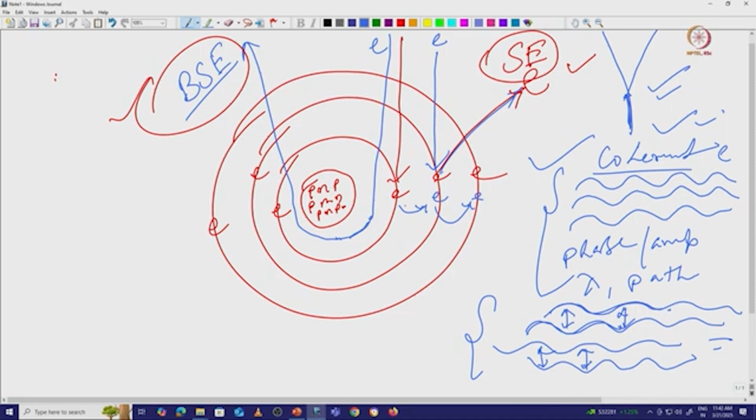So if this electron is not displaced completely out, it will jump from the lower orbital to the higher orbital and it will release some kind of other energies.